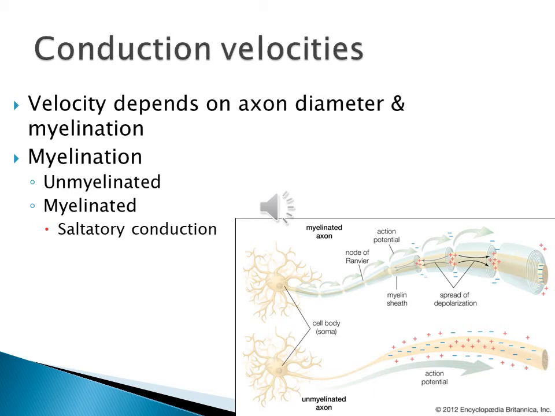With MS, you get a short circuit in the nerve impulse causing demyelination. So with that demyelination, you then get this unfocused depolarization, which causes a change in the conduction velocity for your action potential, which can change that muscular contraction work. Okay? So that's just a quick little tidbit on the side.